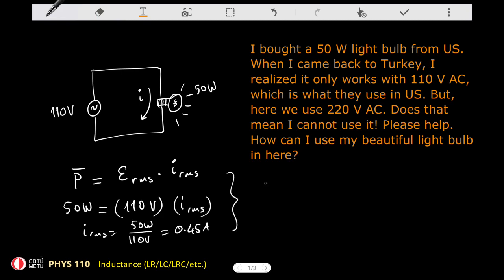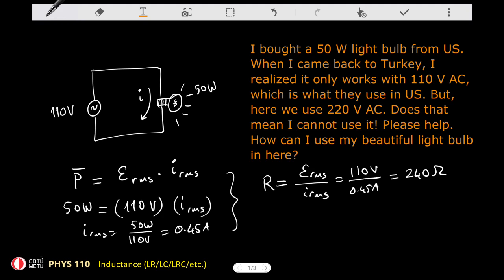So if I consider it as a simple resistance, the resistance would be the RMS EMF divided by the RMS current. That's 110 volts divided by 0.45 amperes, which is going to be 240 ohms. Let's simplify the problem and think of this light bulb as a simple resistor.